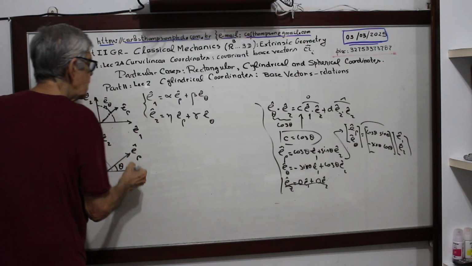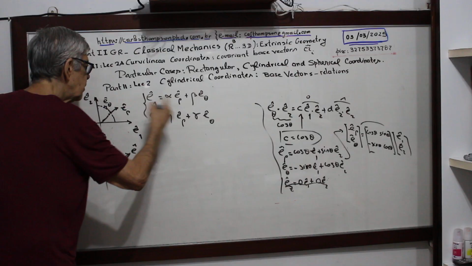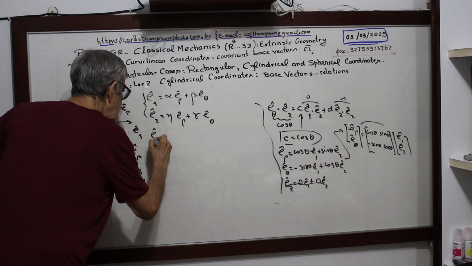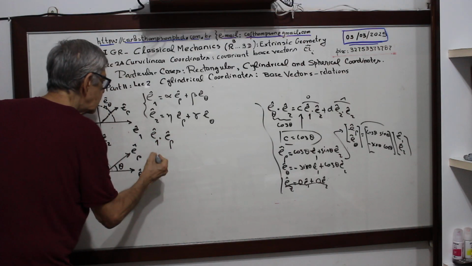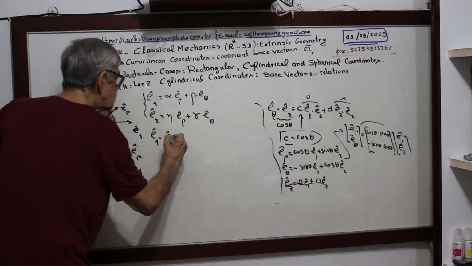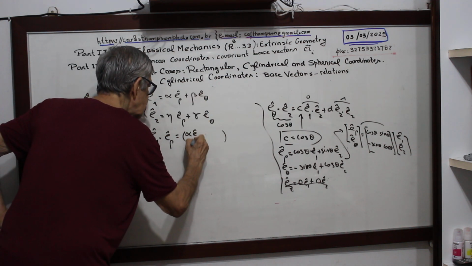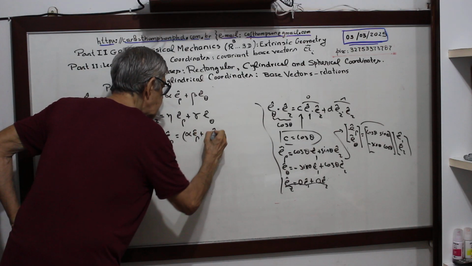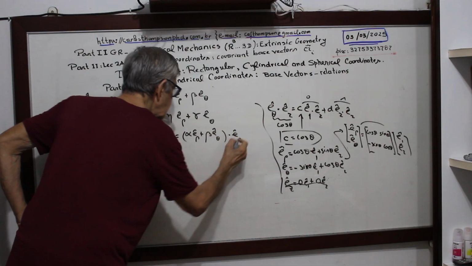Now, to get alpha, you take the dot product with E rho. See? Just multiply this right hand side, alpha E rho plus beta E theta, dot E rho.